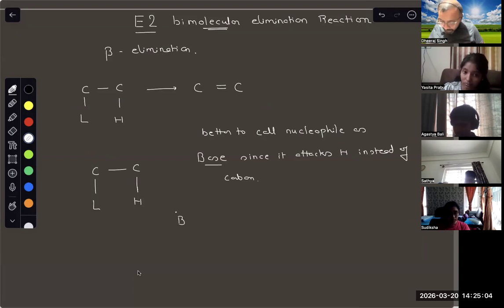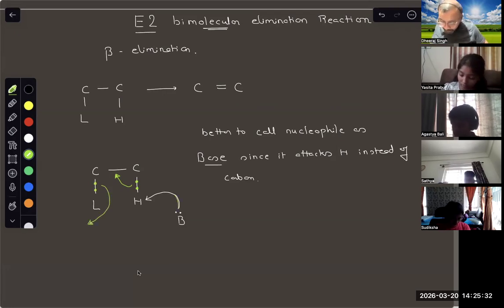So this base takes this H, and it just takes H plus. There are two electrons here which are creating the bond. These two electrons will go there and start creating the pi bond. And this leaving group will take its lone pair and leave.